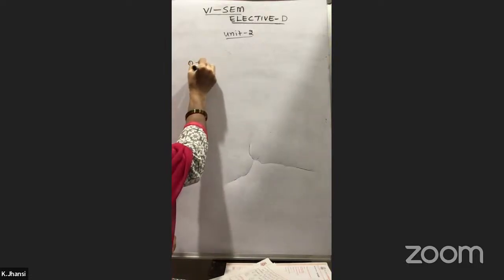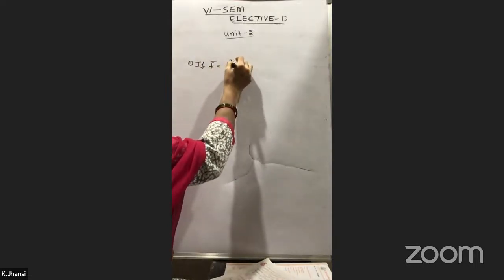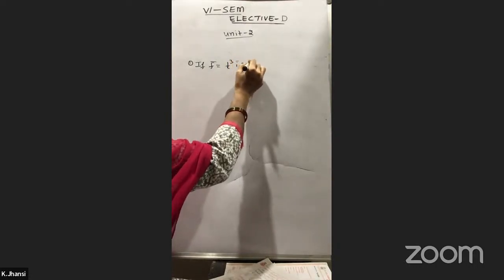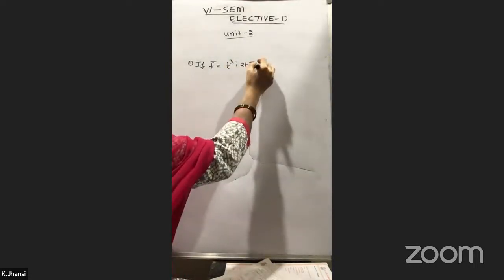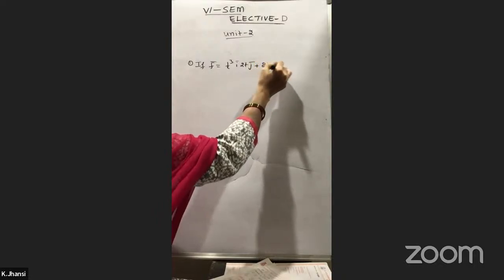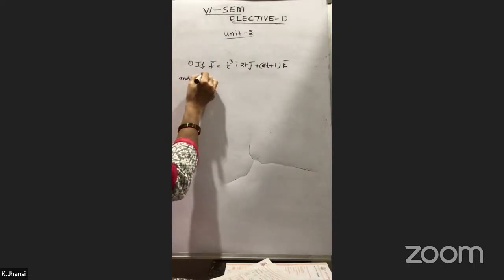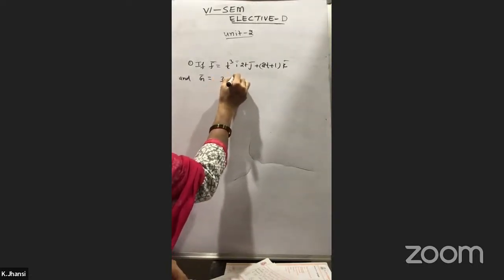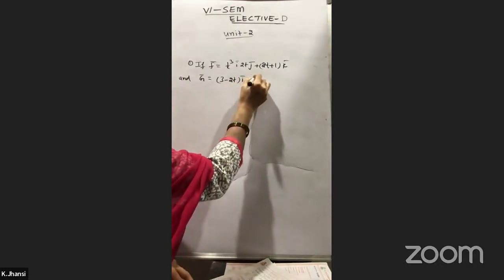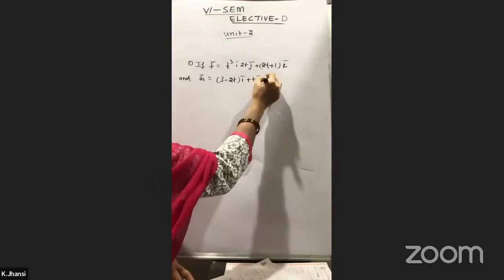So here, if vector f, that is function f, is equals to t cube i minus 2t j plus t plus 1 into k. Okay. And g, that is function g, is equals to 3 minus 2t into i plus t j minus k.